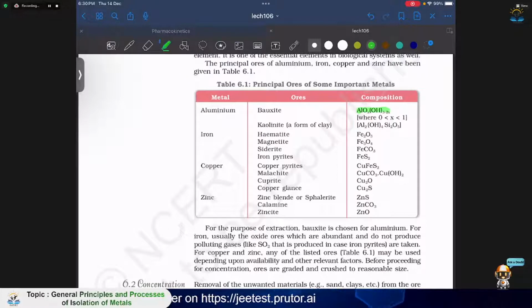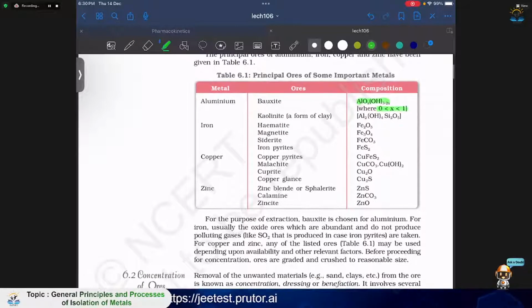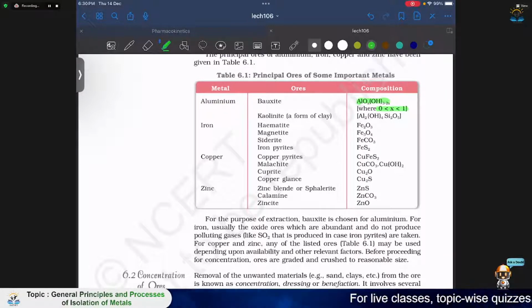So it is variable, with x ranging between 0 to 1. Anyway, if anyone asks you what the formula of bauxite is, go with Al2O3. This is just a small info which might not be of use every time. So it's safe to say Al2O3 is bauxite, right?